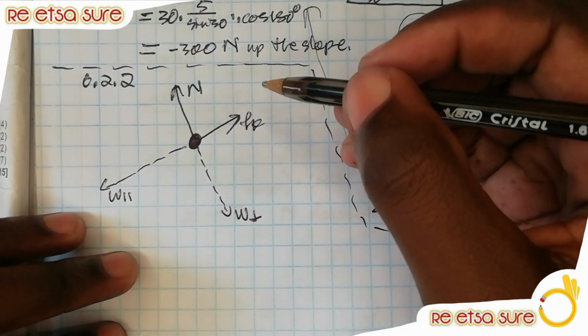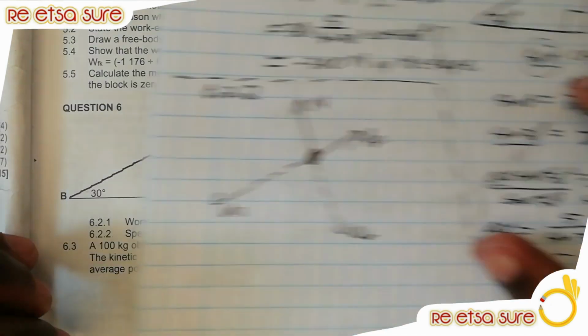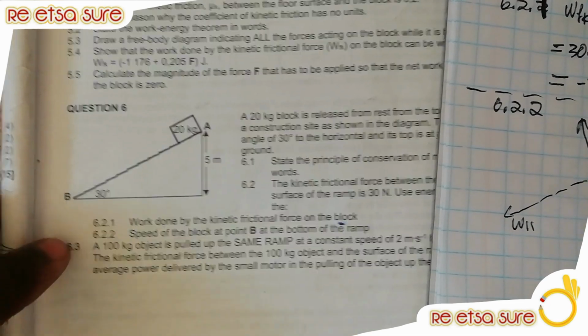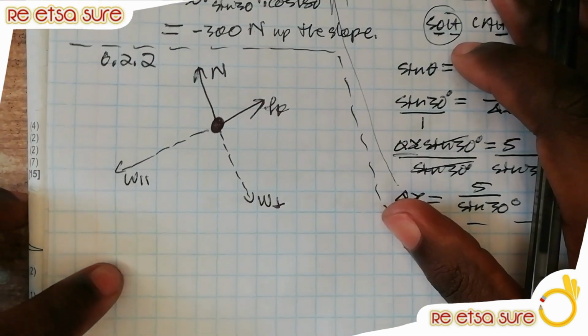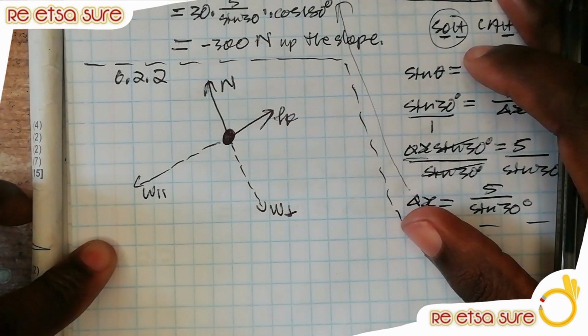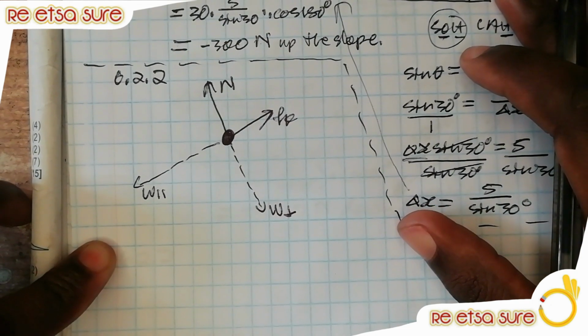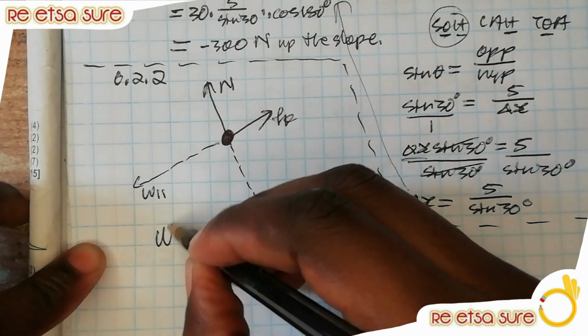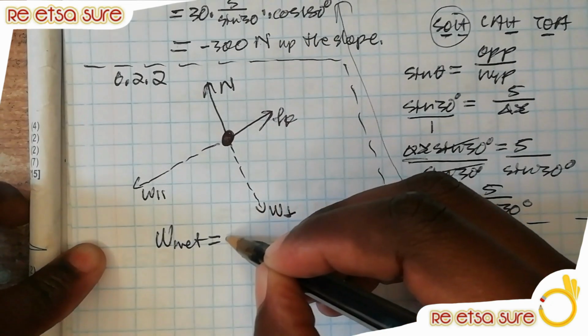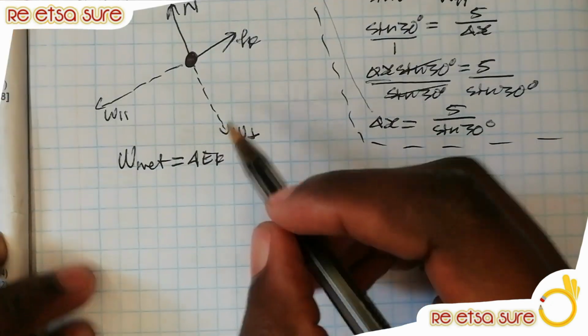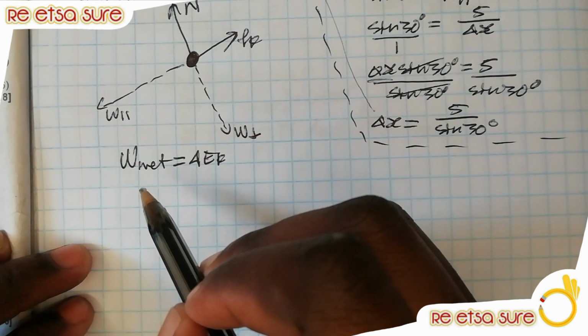Now, since they want us to calculate the final velocity, which is the velocity of our block when it reaches point B, what is the formula that comes to mind that has something to do with kinetic energy, because kinetic energy has something to do with velocity. It is the formula W net is equal to the change in EK. Now, what are the forces that are doing work on our object?